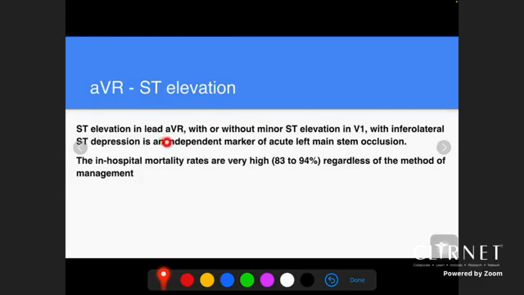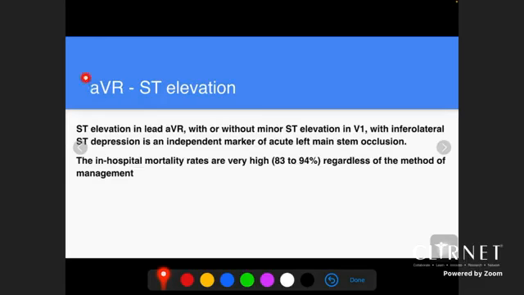So ST elevation in aVR, with or without minor ST elevation in V1, with inferolateral ST depression in most leads, is an independent marker of acute left main stem occlusion. So the left main is the main supply for the left system and the main supply of the heart.